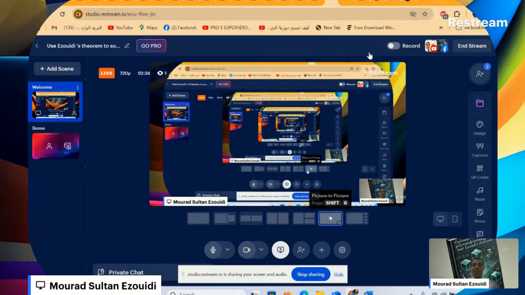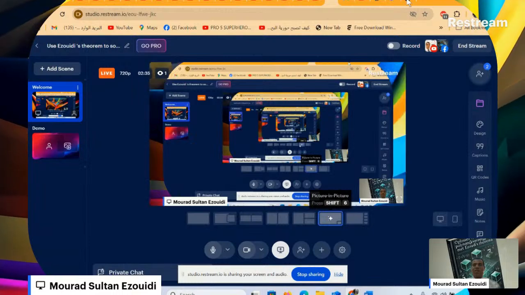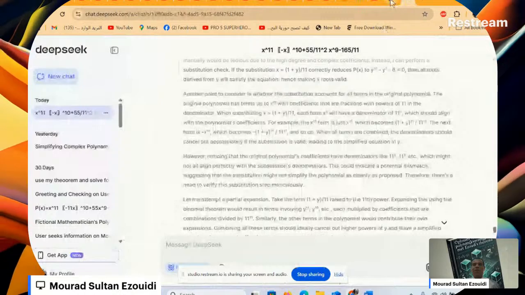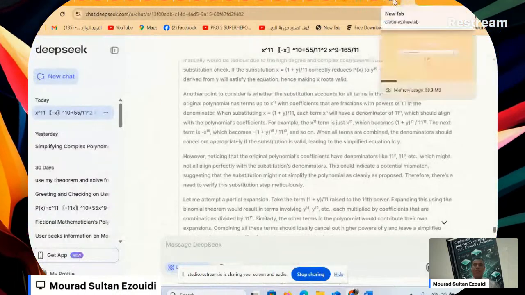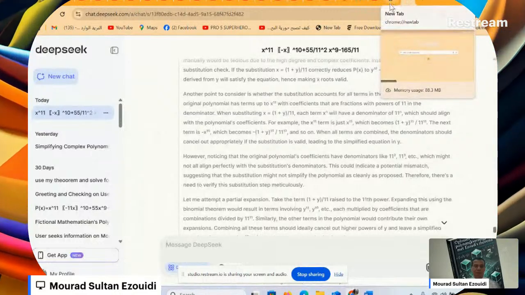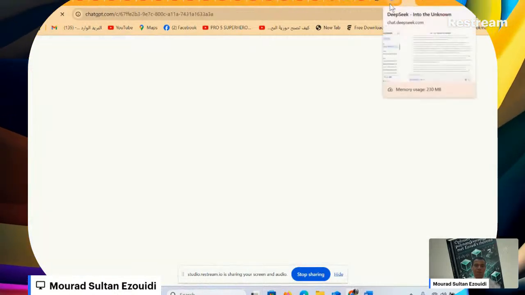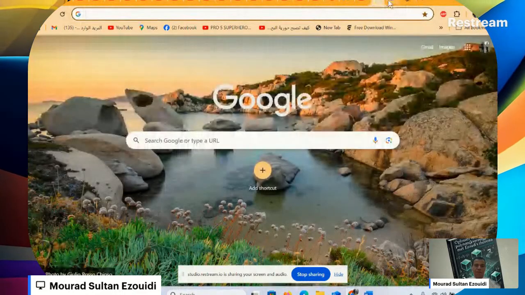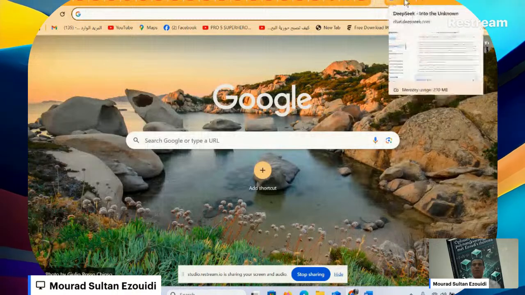Okay. So this is ChatGPT, my professors. I already received DeepSeek. Okay, ChatGPT. Let me press control shift capital T. Where is this one?